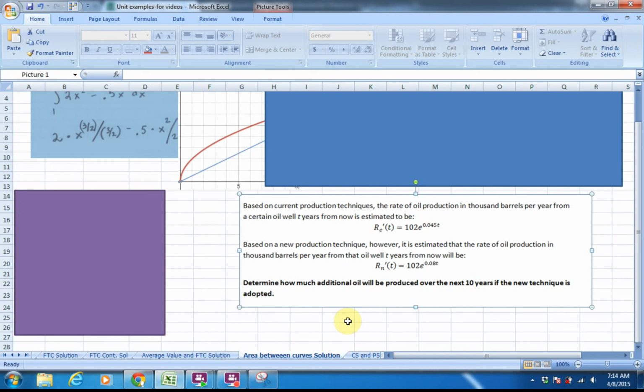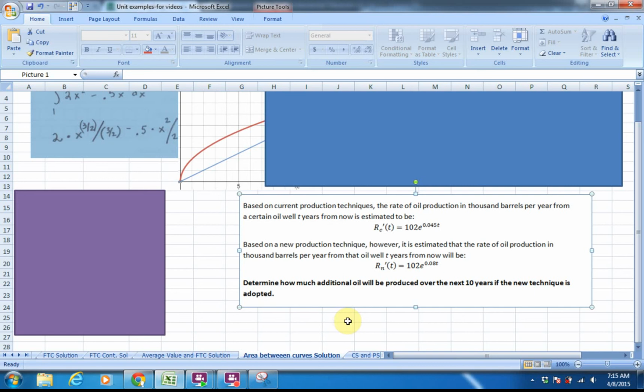Then we're going to set up a new system, and we're going to call that new. So we have the current rate and the new rate.